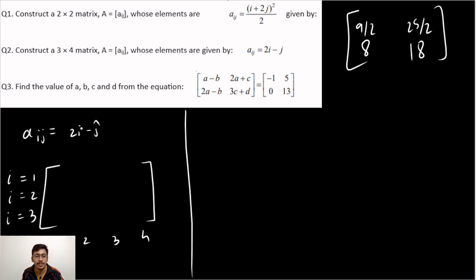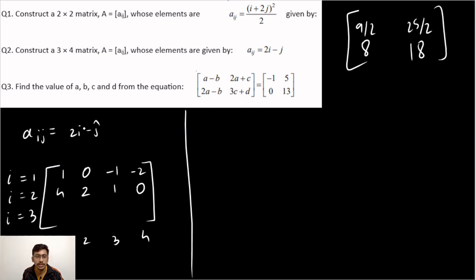I'll simply put it: 2 ones is 2, 2 minus 1 is 1, so I'll get 1 in my first row and first column, followed by 2 ones is 2, but 2 minus 2 is 0, 2 minus 3 is minus 1, 2 minus 4 is minus 2. Okay, so 2 2s are 4, 4 minus 1 is 3, 4 minus 2 is 2, 4 minus 3 is 1, 4 minus 4 is 0.